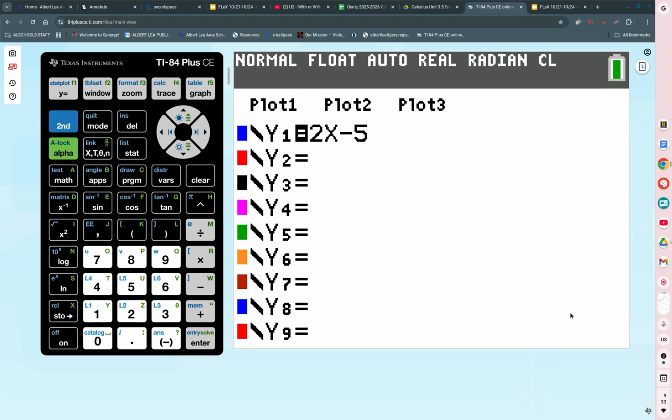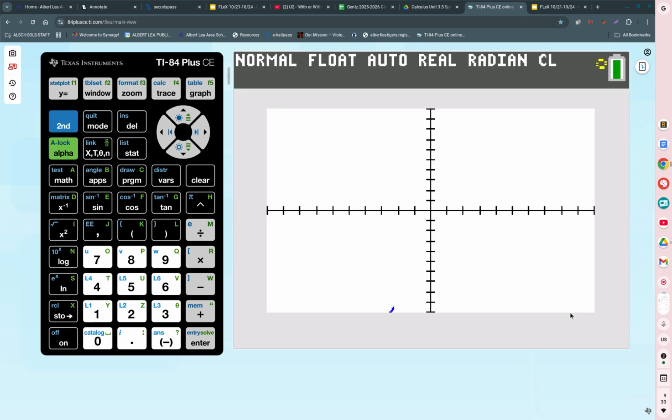And I'm going to zoom 6. We see a line with a slope of 2 and a y-intercept of negative 5, right? So let's think about that for a second. The y-intercept is negative 5. So if we were to find the inverse, then instead of the y-intercept being negative 5, we should have an x-intercept of negative 5, right? Interesting.